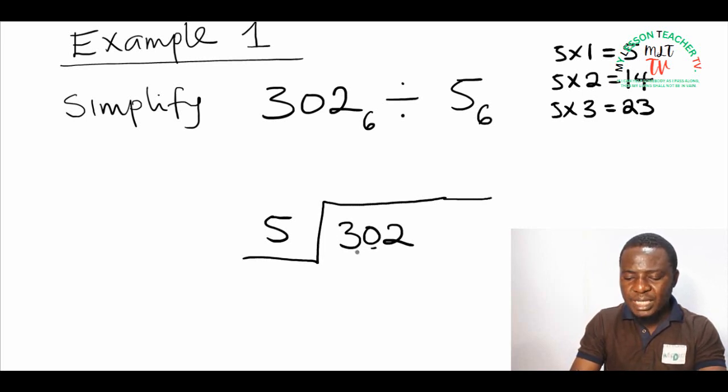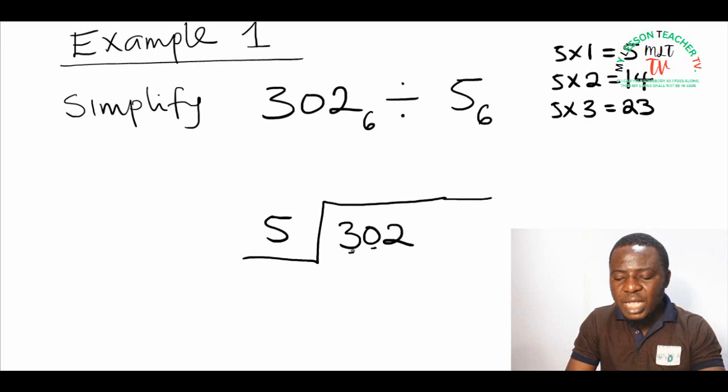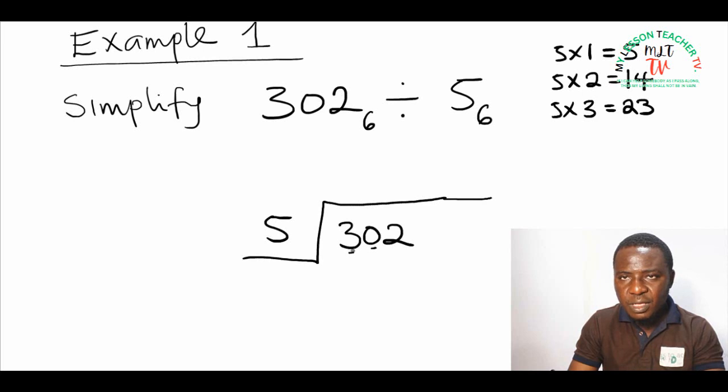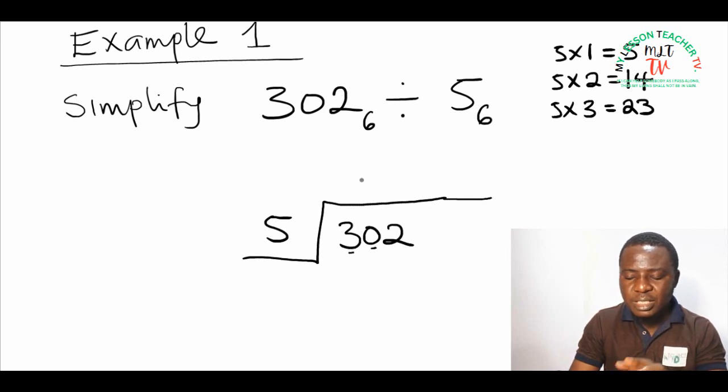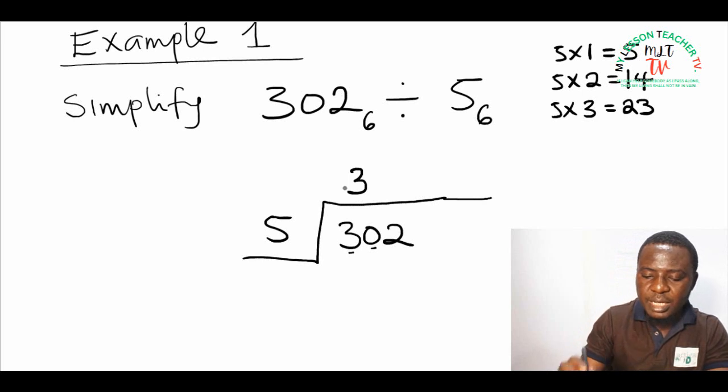So I bring the next digit, which is 0, and it becomes 30. 30 divided by 5 in base 6. Now, what is 30 in base 6? I have to convert it to base 10, do the division before I go ahead. So 30 in base 6 is 18, that is 3 times 6 plus 0, which is 18. So 18 divided by 5 will go how many times? 3 times.